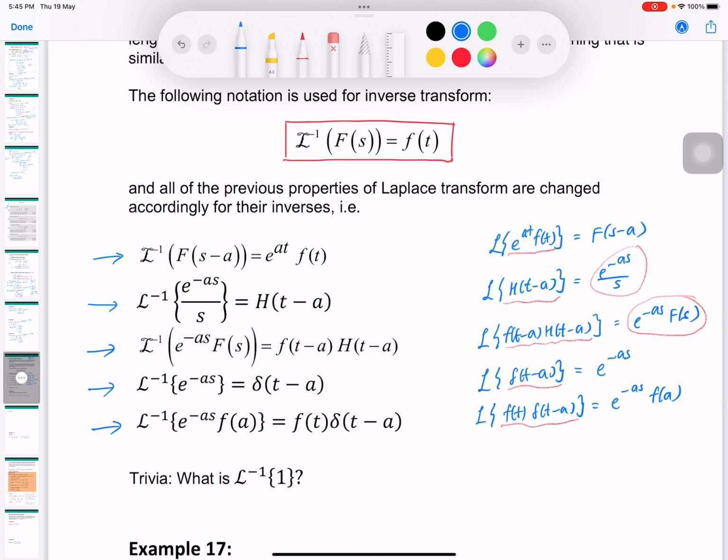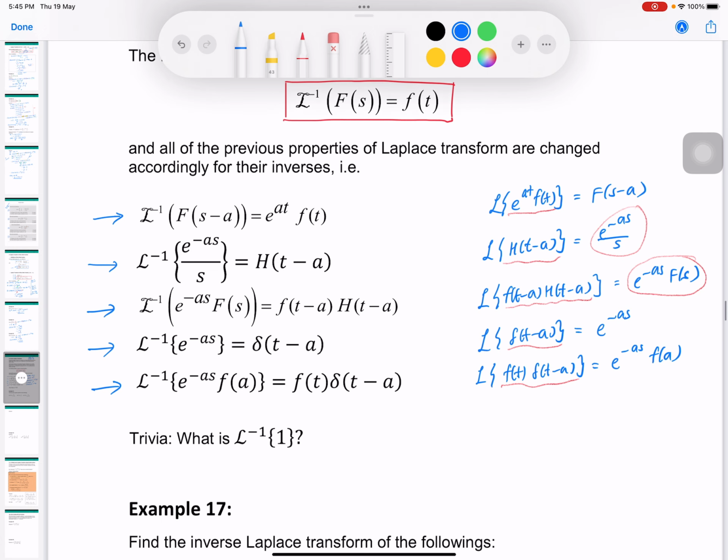Okay, so there is one trivia here. What is inverse Laplace of 1? So how do you get inverse Laplace of 1? I think in our previous video, we know that Laplace of delta(t) equals to 1.